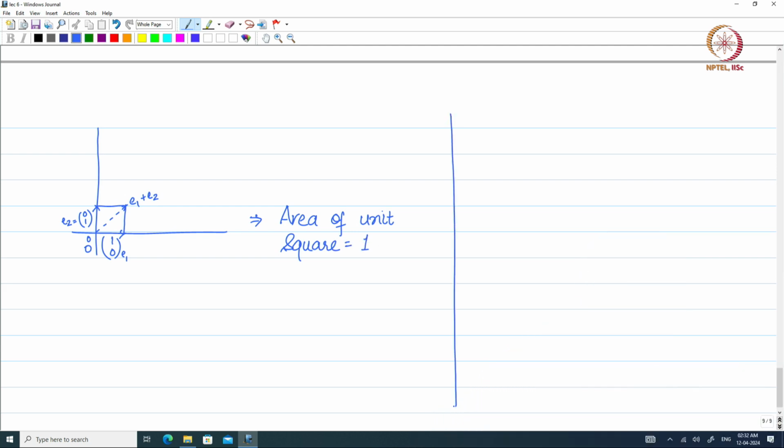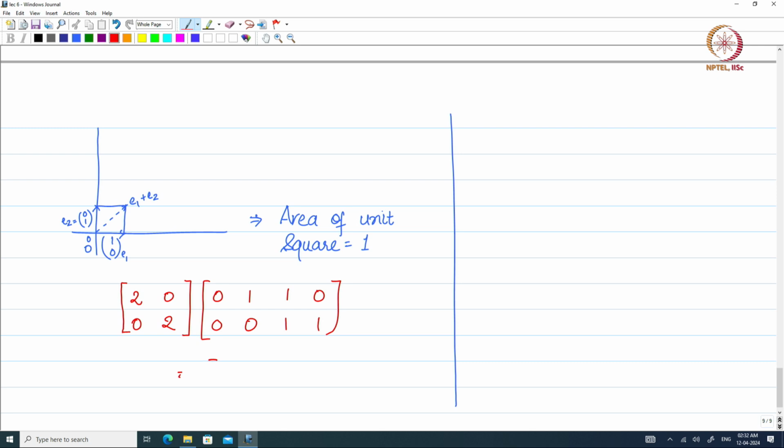Suppose I scale this unit square, I put all the coordinates of this and then scale it using this. The coordinates of the square are 0 0, 1 0, 1 1, 0 1.